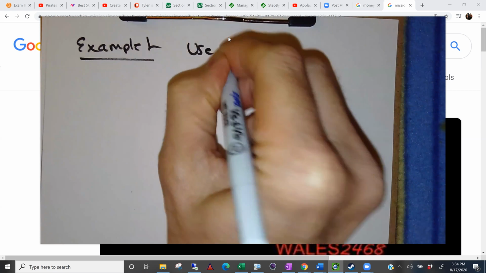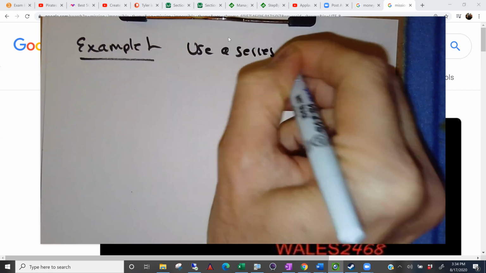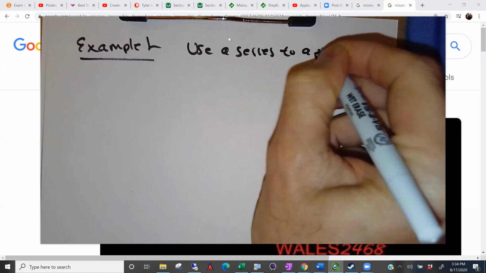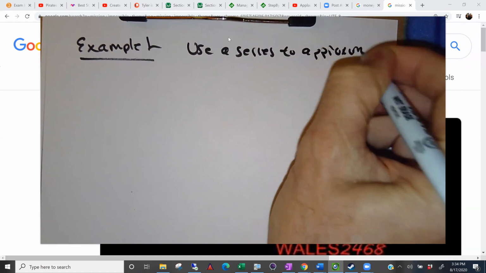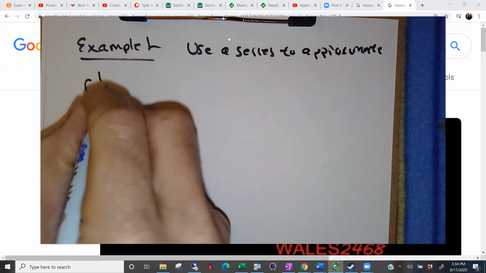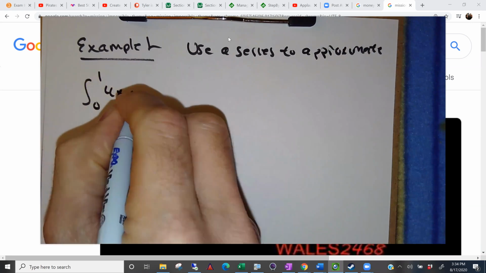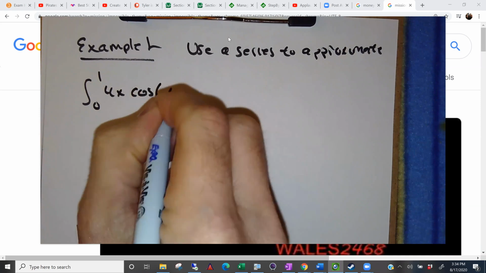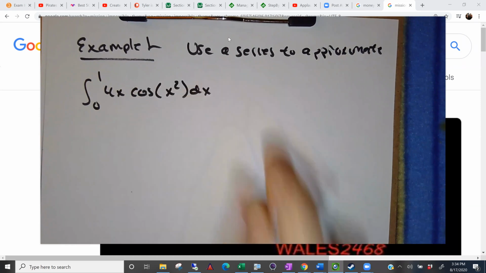Use a series to approximate the integral from 0 to 1 of 4x cosine of x squared dx.